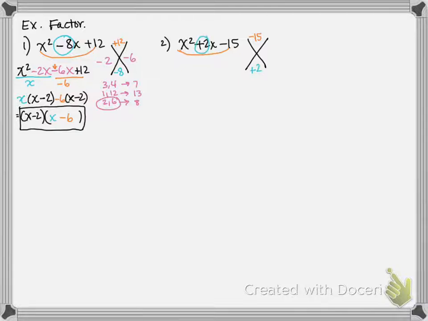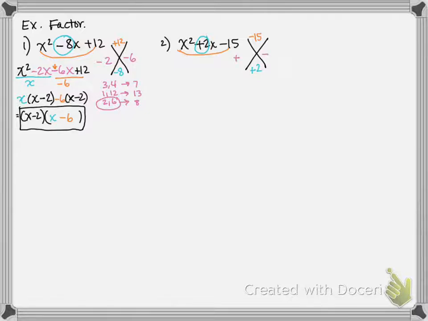Now, the only way you can get a product that's negative is if one of the numbers is positive and the other number is negative. So what I do is I pay attention to the sign of my sum number. It's positive, so I'm going to put the positive one on the left and negative on the right.